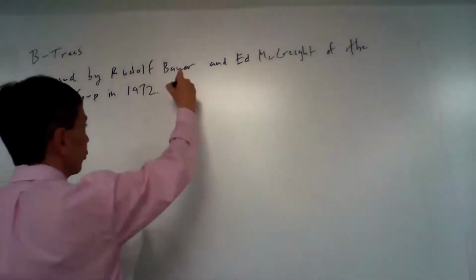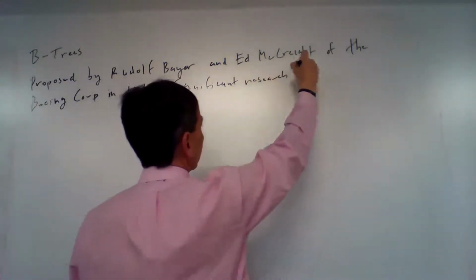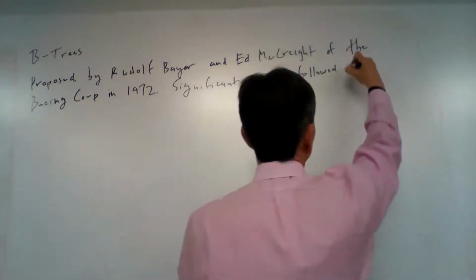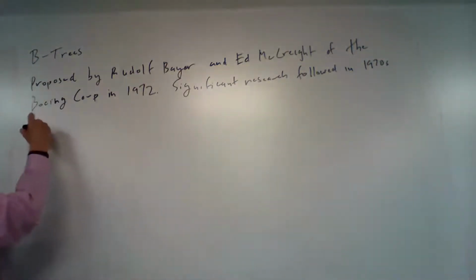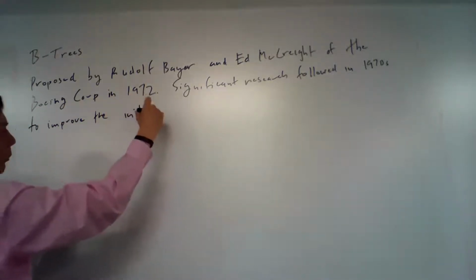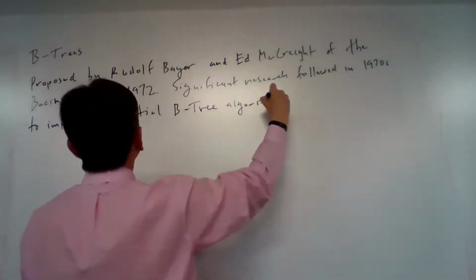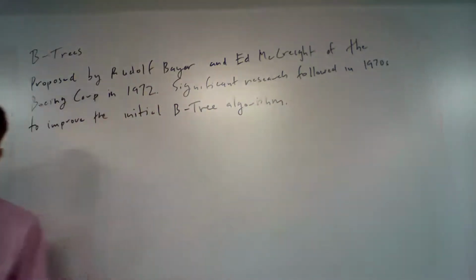Now, significant research followed in the 70s to improve the initial B-tree algorithm. As I said, the algorithm is incredibly elegant, and it's one of those algorithms where you're like, man, why didn't I think of that?